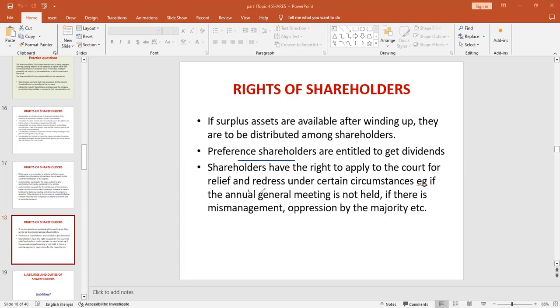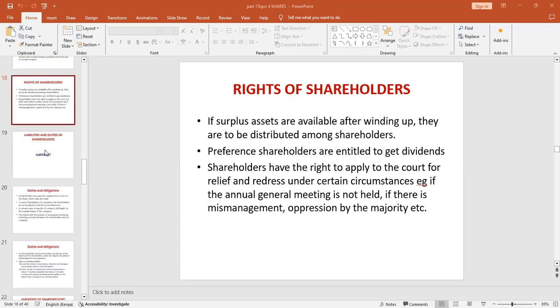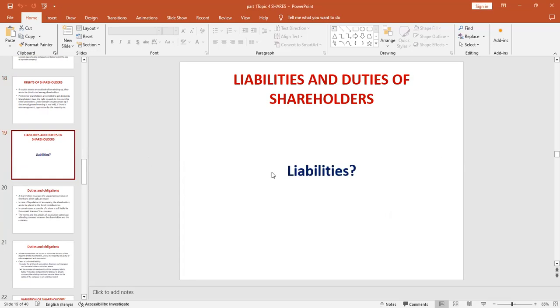Yep, and then obviously you can go to court under, as we've seen, Foss v Harbottle. So make sure you understand that case of Foss v Harbottle. Now, what about liabilities? Well, if you've not paid for shares, so let me just explain this one. Your liabilities will depend on whether you have paid for the shares or not.